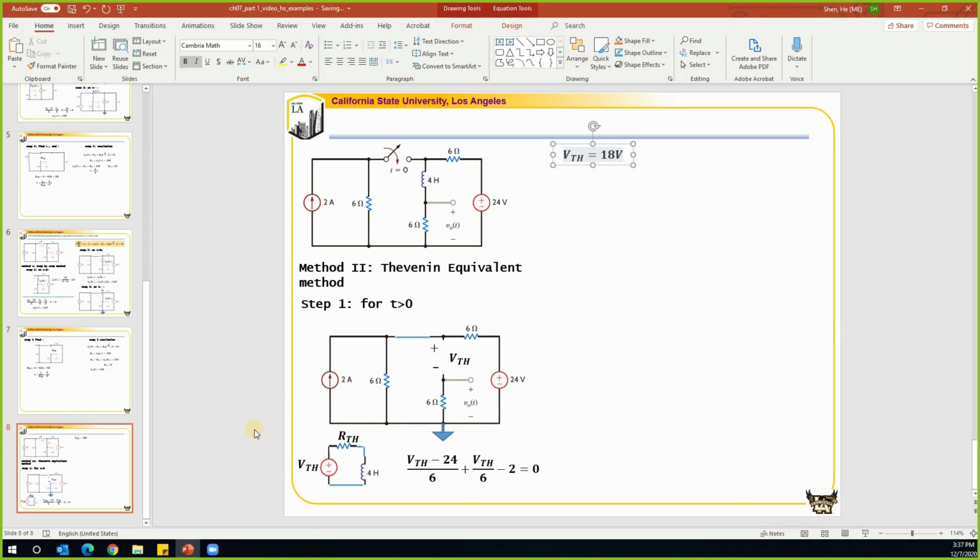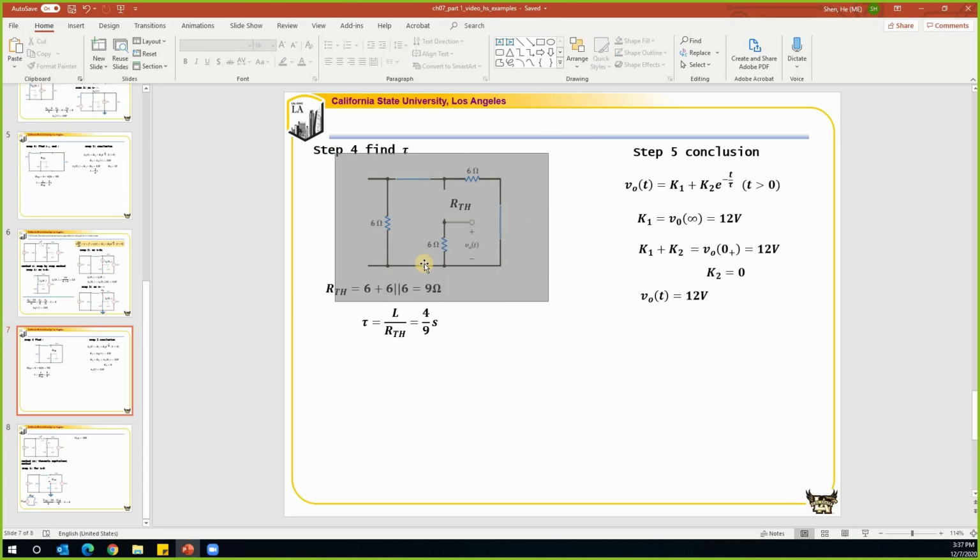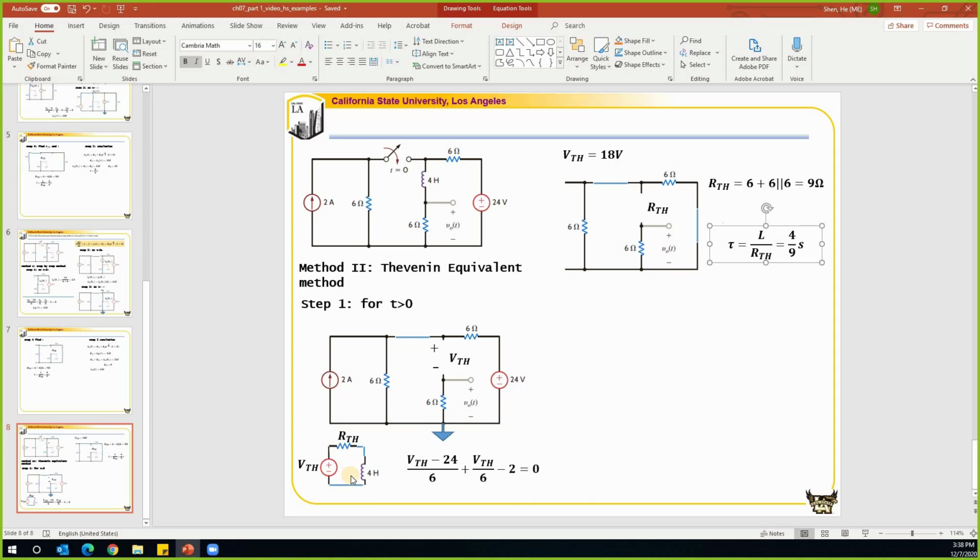And we also can find RTH. RTH is found by setting the source to be 0, which is the same as we have here. So we can find RTH. From the new circuit that we have, we can find the current going through this inductor. Write a KVL equation. Let's assume the current going through the inductor is current IL, which is defined like this.